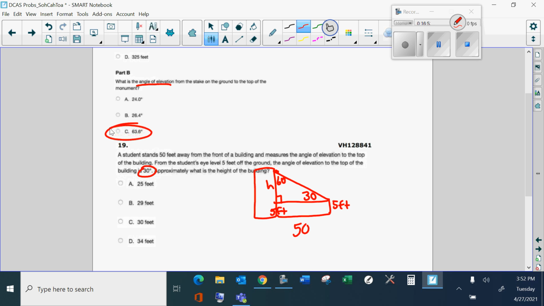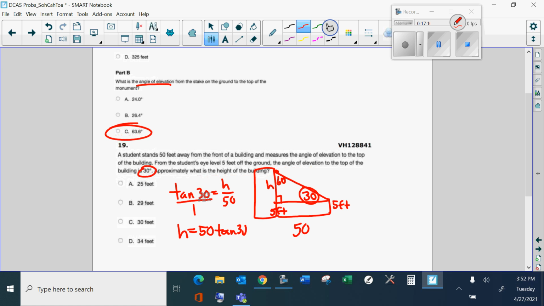So we have tangent of 30 equals h, opposite over adjacent, over 50. Cross multiply, h equals 50 tan 30.